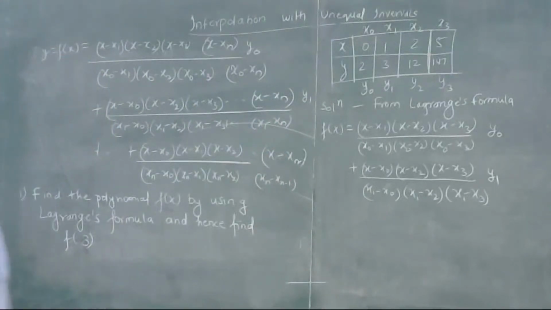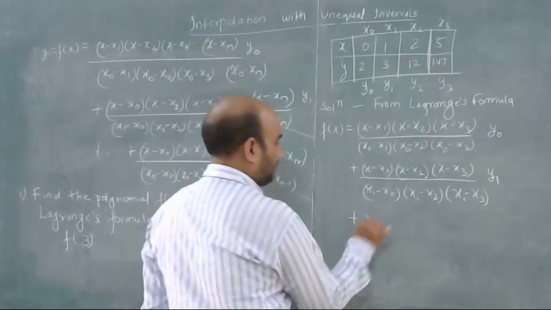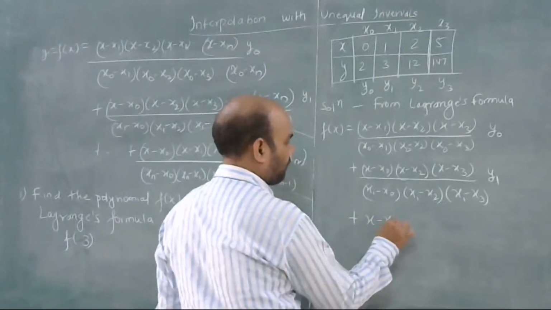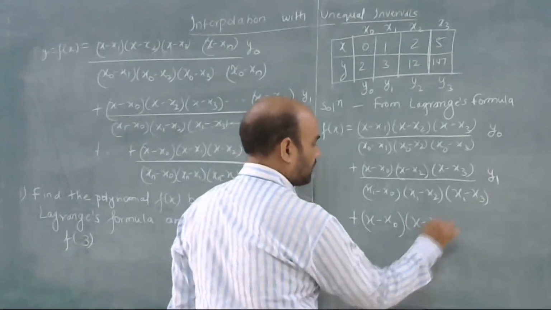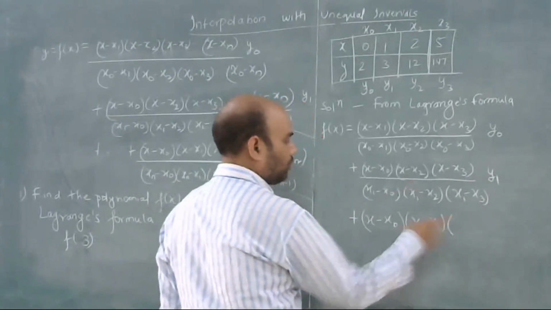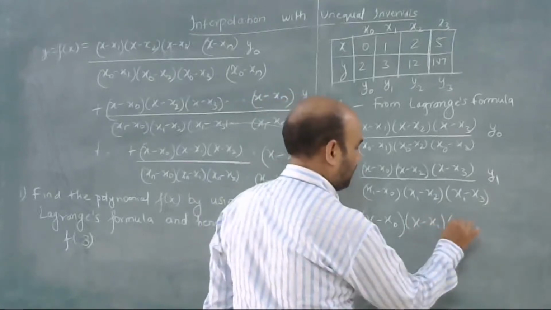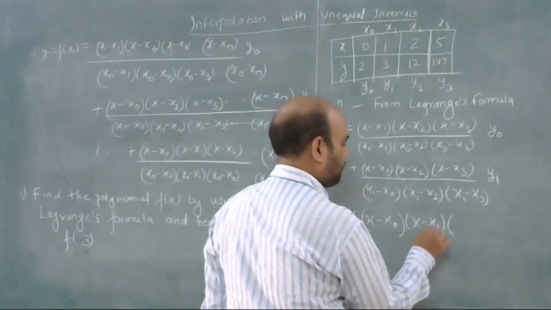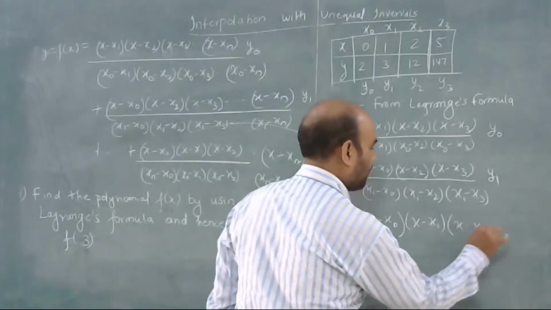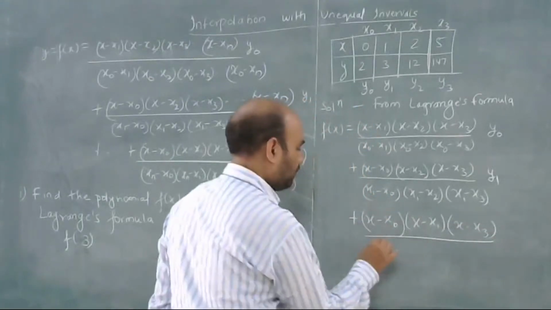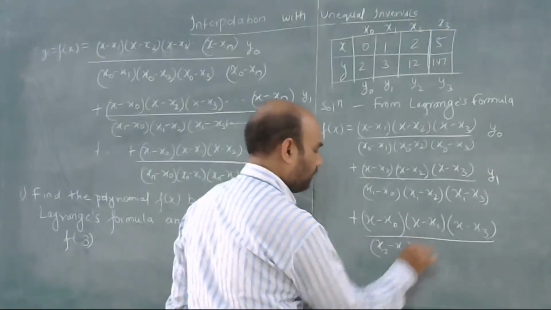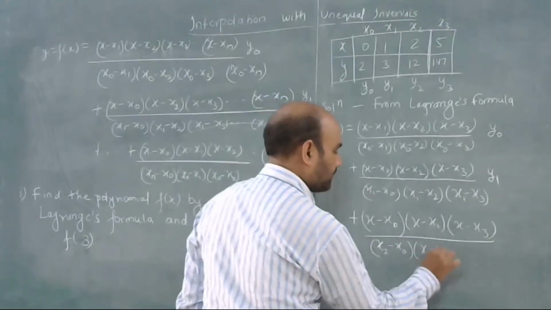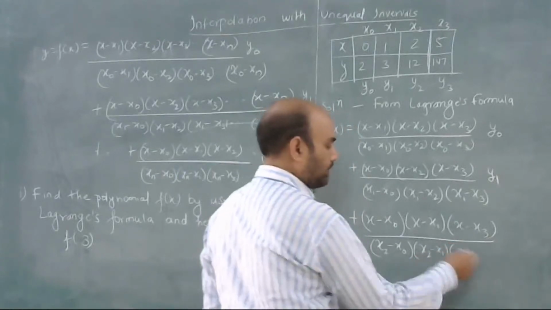Now next, (x − x0)(x − x1), and here x2 is absent, so you put (x − x3), and this will be divided by (x2 − x0)(x2 − x1). There will be no x2 minus x2.